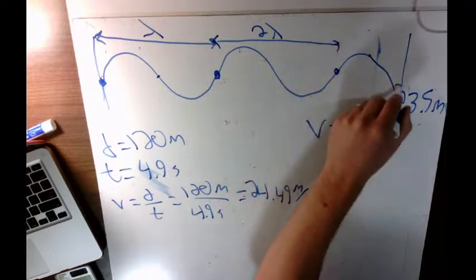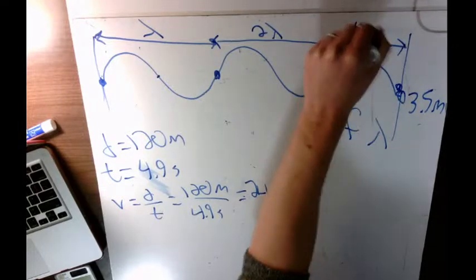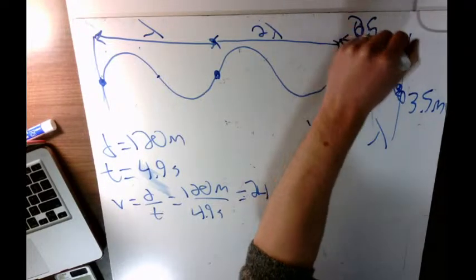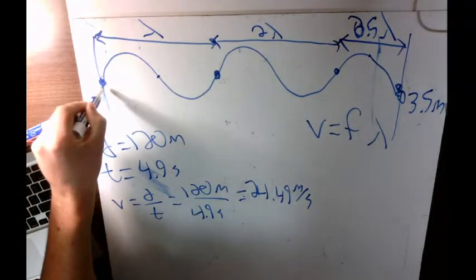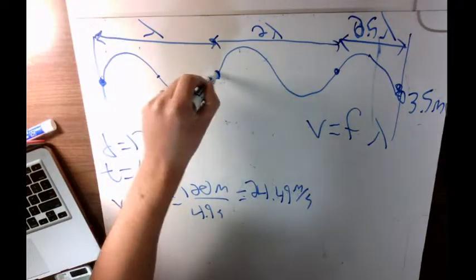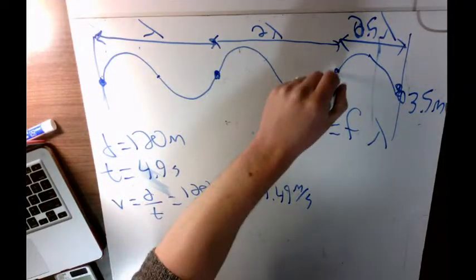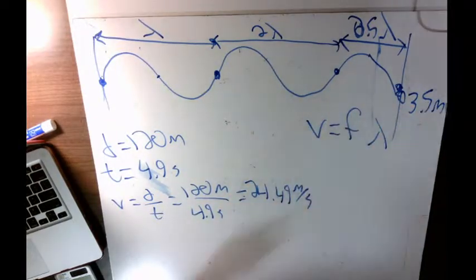And then we get half a wavelength. So that's how I like to count my wavelengths. I like to just start and count them out. So here's half a wavelength. There's 1 wavelength, there's 2, and a half. We haven't gone back down and up for a full cycle, but we've gone 2.5 wavelengths.